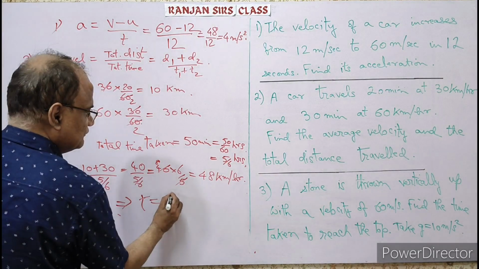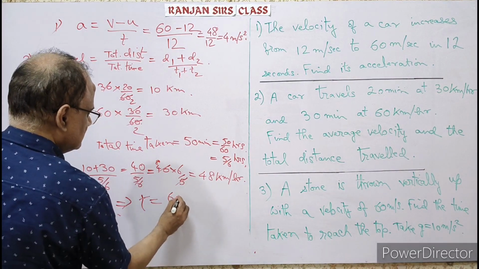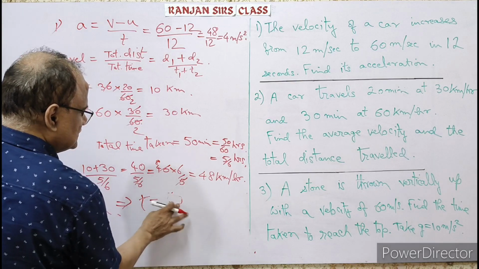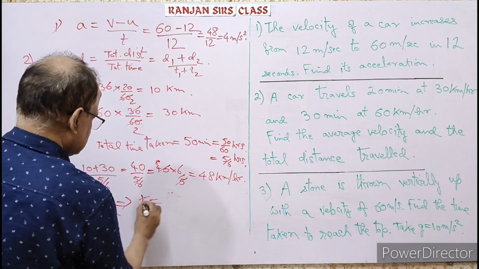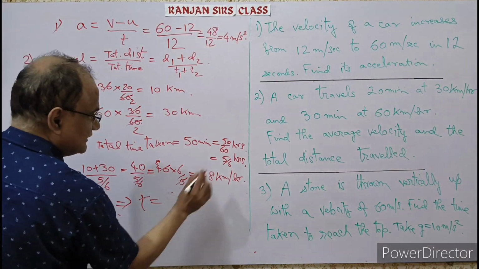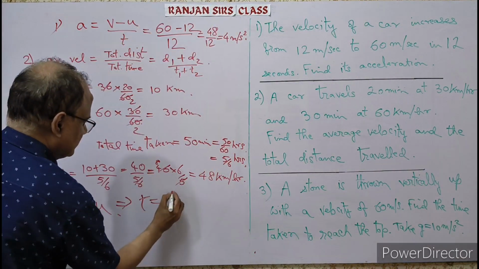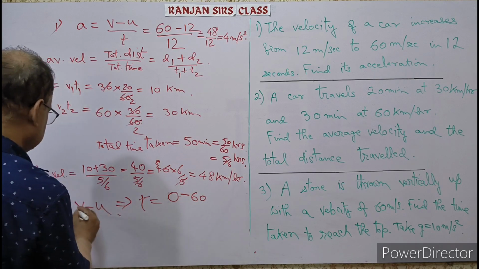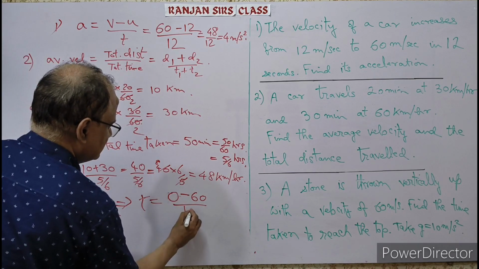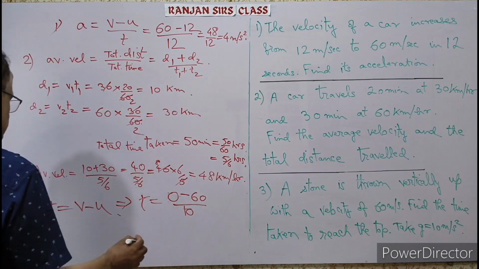Initial velocity is 60, and final velocity was 0 when it has reached the top. So final velocity 0 minus initial velocity 60, divided by the acceleration they have given us, 10.